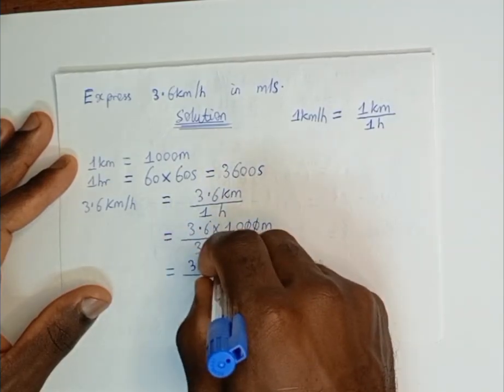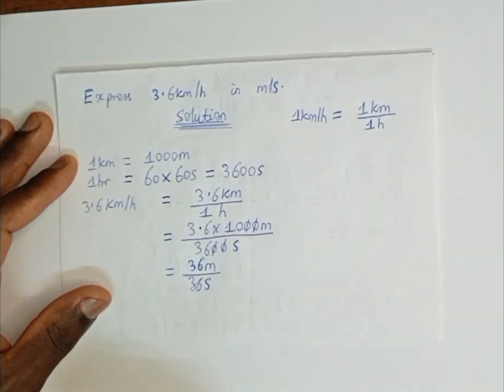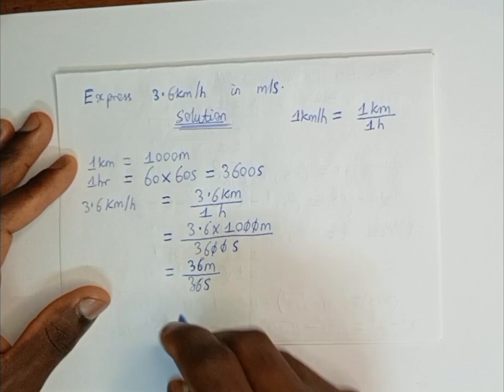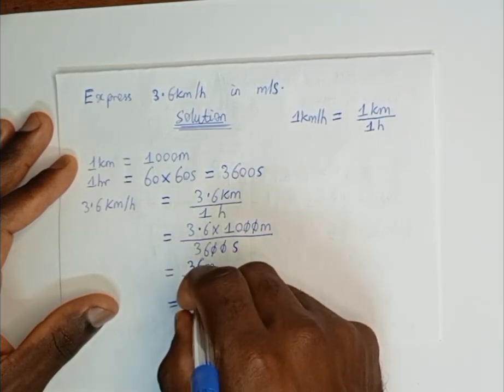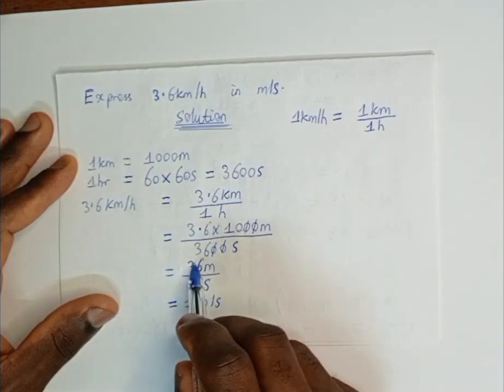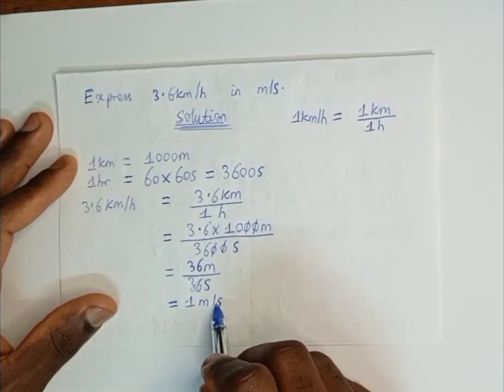Then we divide by 36 seconds. 36 meters divided by 36 seconds will simply be equal to 1 meter per second. 36 divided by 36 gives 1. Meters over seconds gives you meters per second.